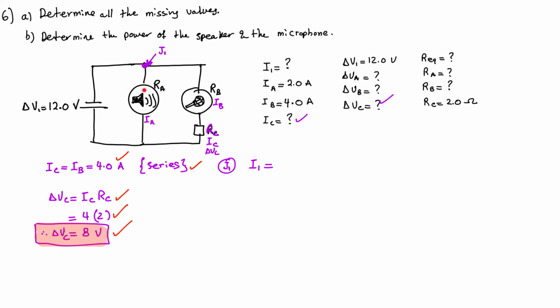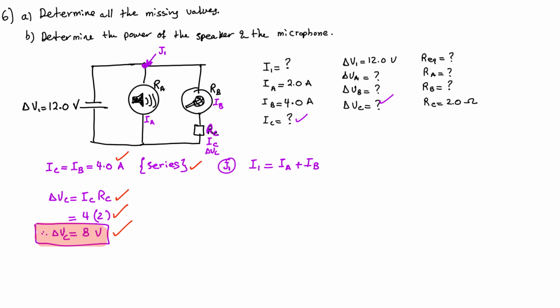Some of it is going to go here, some of it is going to go here. The ones that are going to go here are IA, and the ones that are going to go here are either IB or IC. It doesn't actually matter. They're the same value. So I'm going to write IA, that's this wire over here, and the rest IB or IC. Again, same value. You just have to write one of them. Just make sure you don't write both.